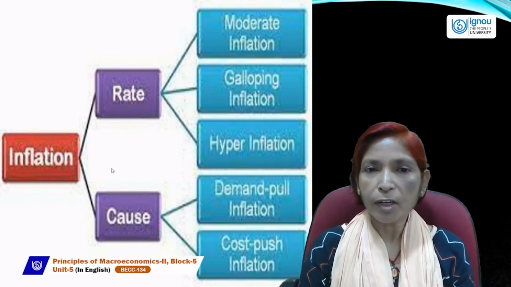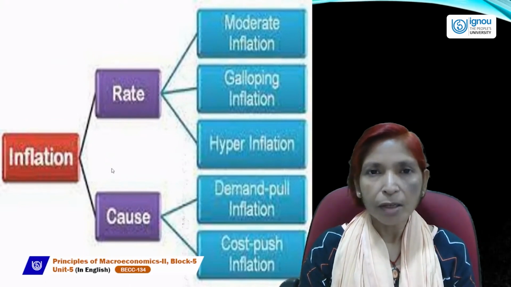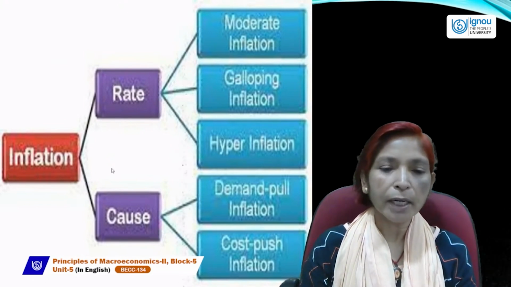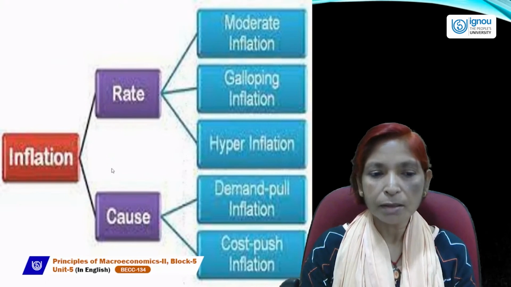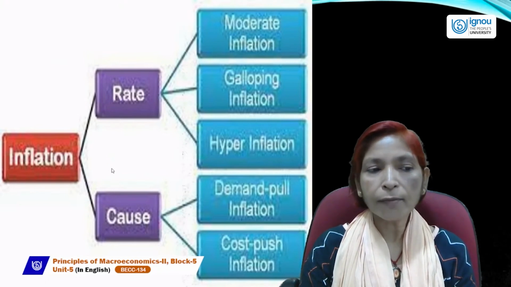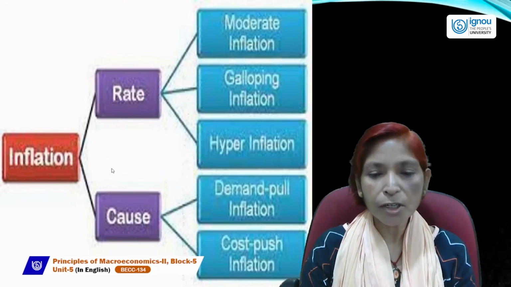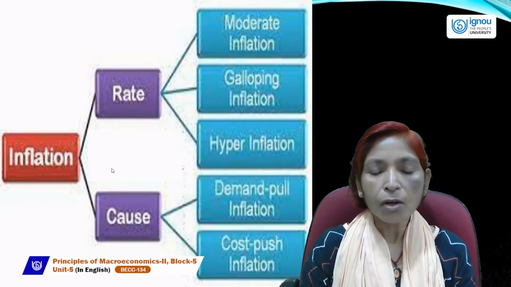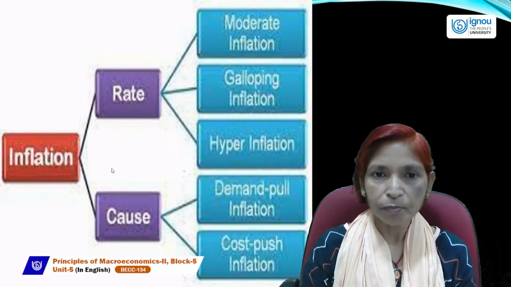The rate of inflation may be moderate, galloping, or hyperinflation. And the causes of inflation may be of two types: one is demand pull inflation, and second is cost push inflation. These are known as the causes of inflation.